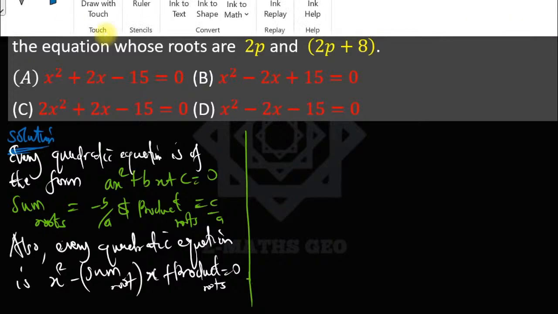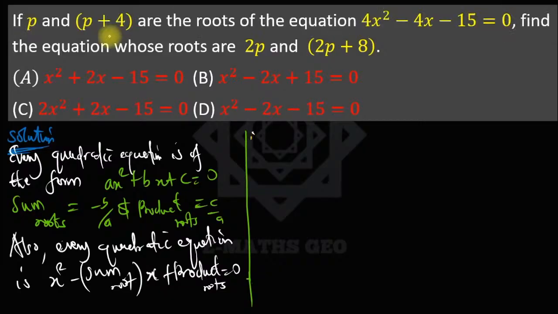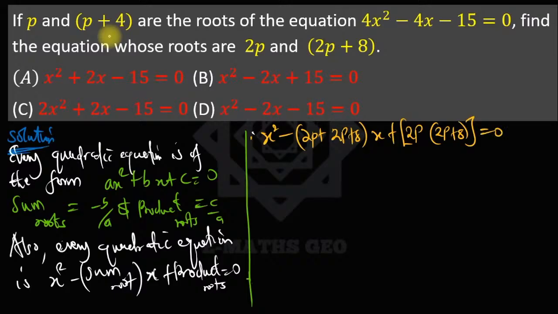So using this knowledge, we are asked to find a quadratic equation whose roots are 2p and 2p plus 8. Therefore, we have x squared minus the sum, which is 4p plus 8, x, plus the product, which is 2p times 2p plus 8, equal to 0.